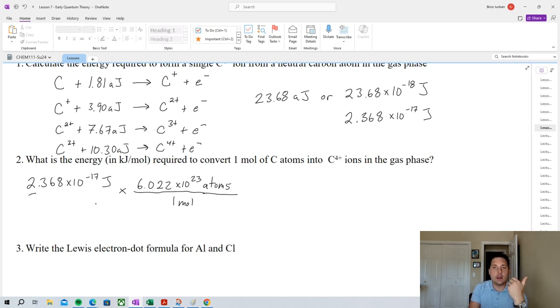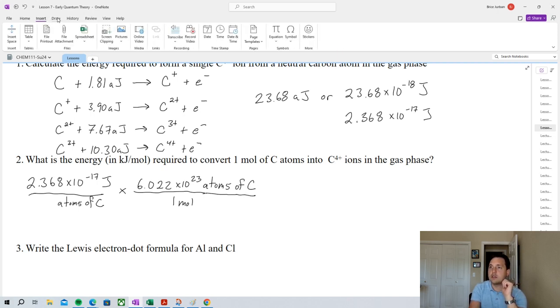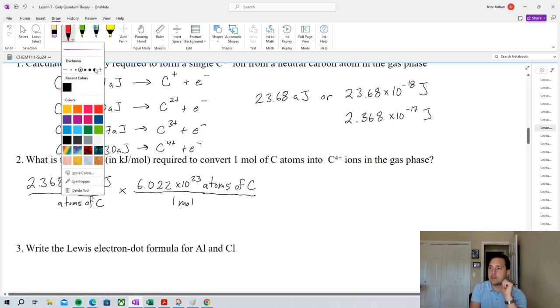And one way to think about these units is that this is the energy per atom of carbon. If you're struggling with the scientific notation, which I'm always trying to think about the best way to explain, let's do it like this. Then we can see that the units do cancel properly.